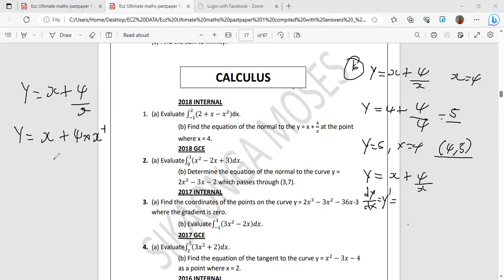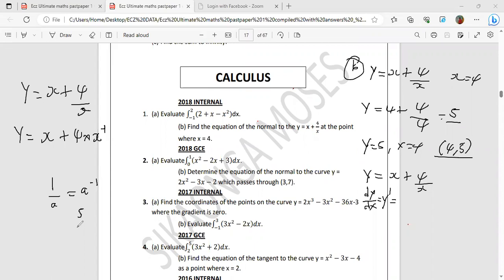Remember one of the properties of indices, for those of you that have watched the video on indices: 1 over a is simply a to the power negative 1.